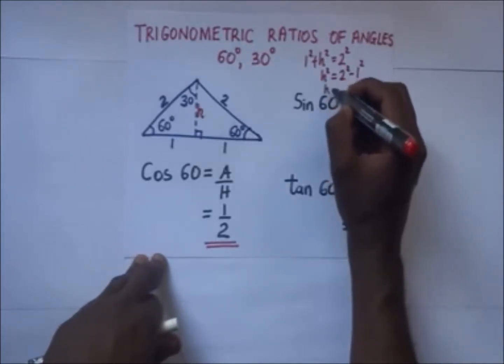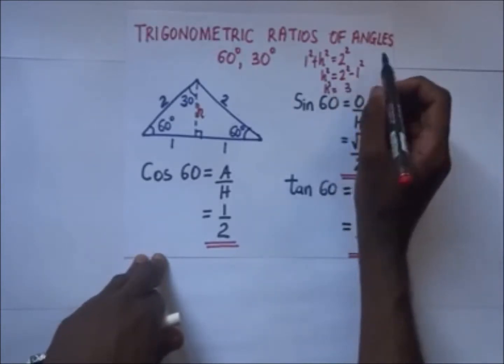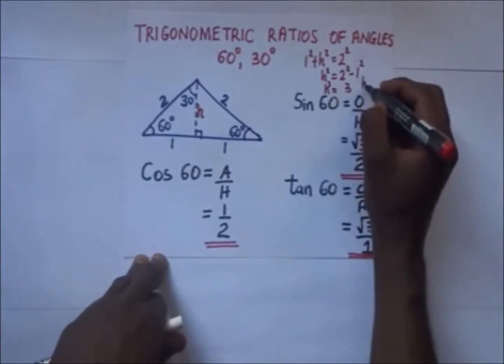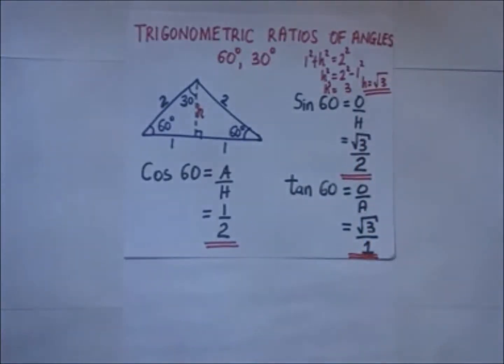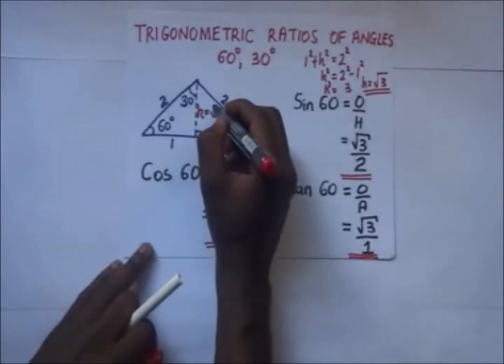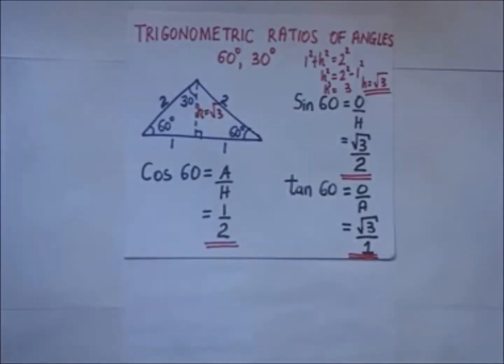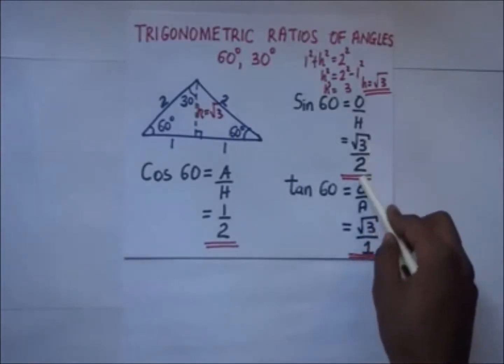H squared is 3. So to get the value of h, h becomes the square root of 3. So that is how we end up with our value of h here being equal to the square root of 3. And the square root of 3 is what we have here, root of 3 over 2.